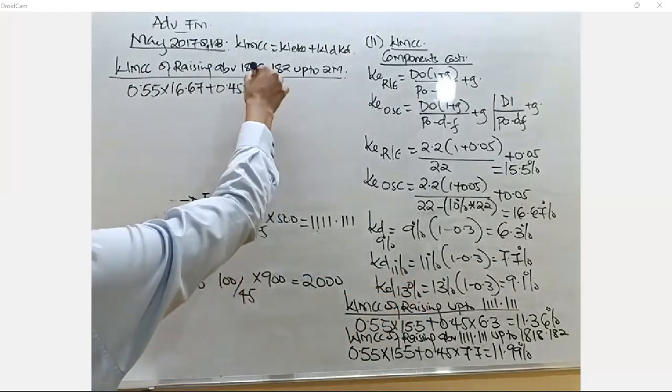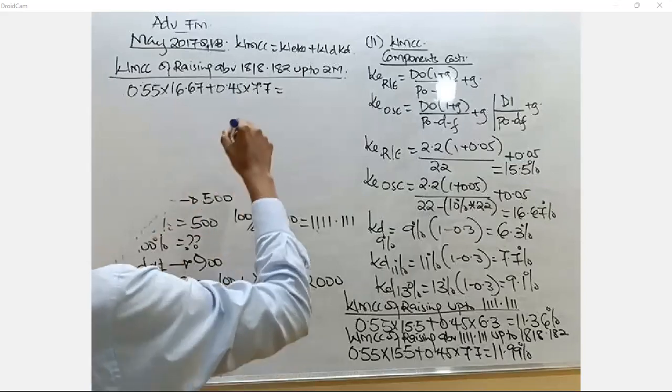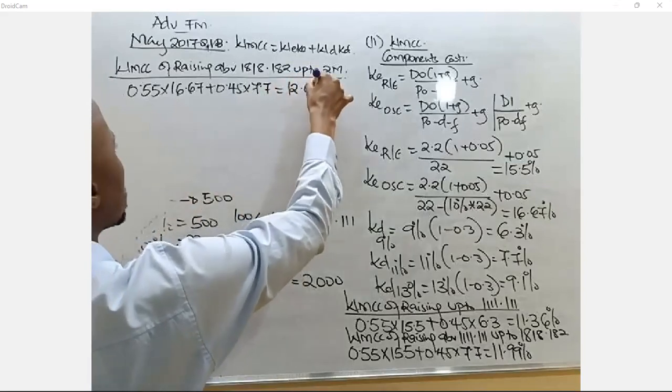So it is still within the range. How much is it? 0.55 times 16.67 plus 0.45 times 7.7, getting 12.63%.